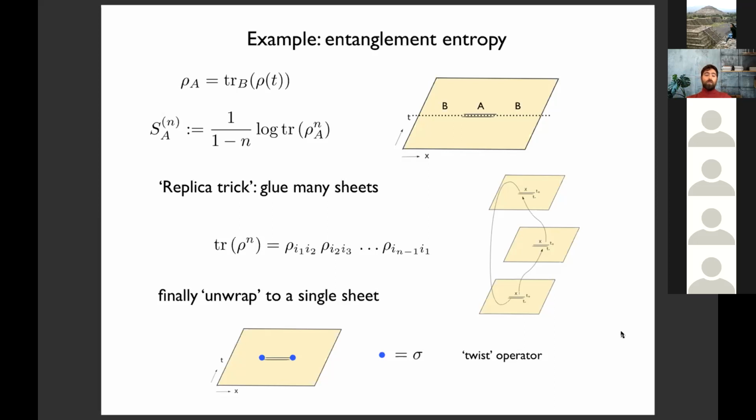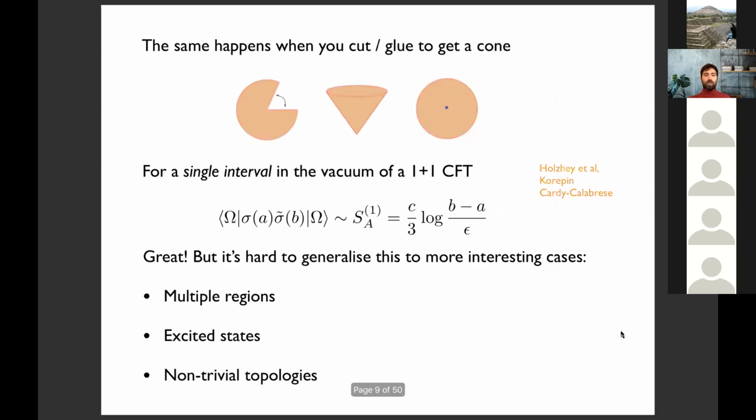Now, if you're not very familiar with twist operators, this is very easy to understand. It's the same thing that happens when you cut and glue a circle in order to get a cone. If you start with a perfect disk and cut here, you have a Pac-Man shaped figure. Then when you identify these two edges, you get, viewed from 3D, a cone.